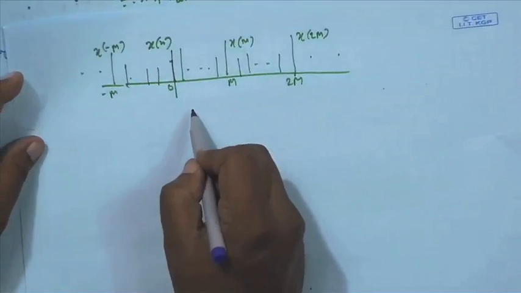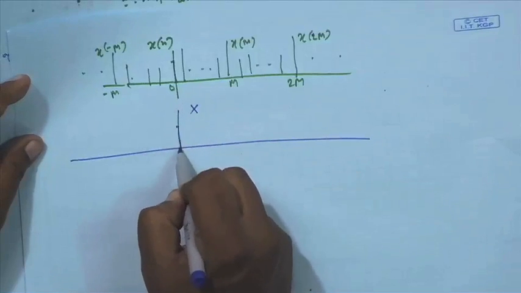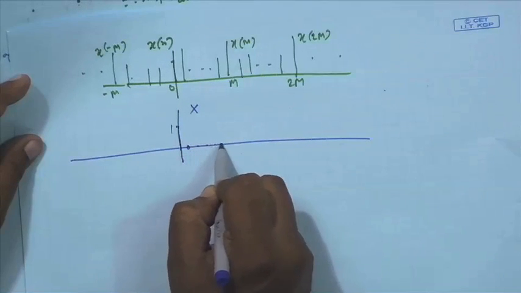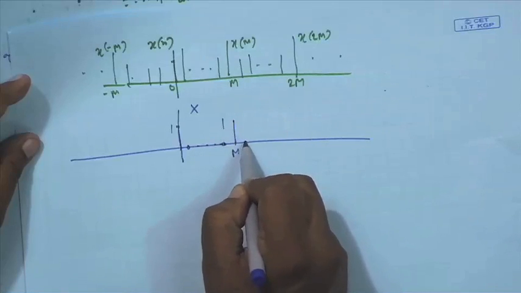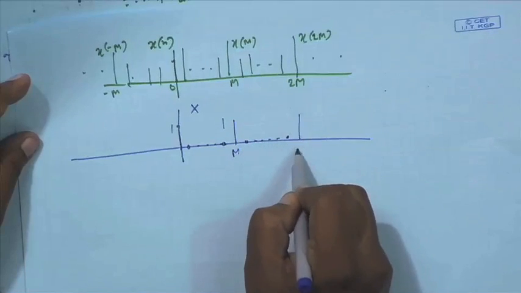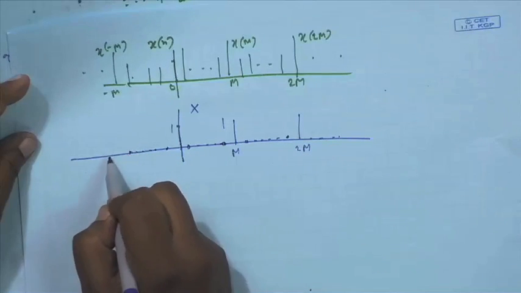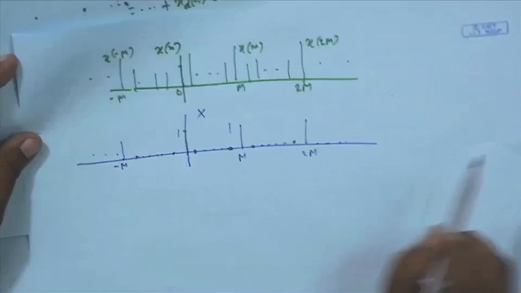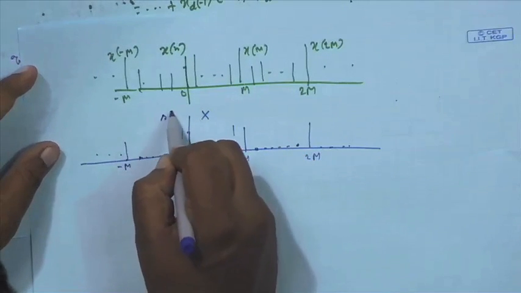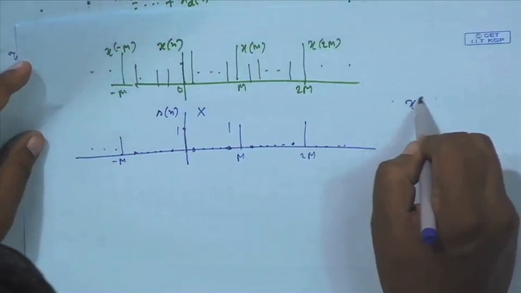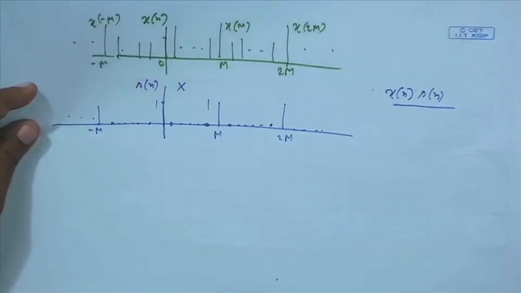Suppose I multiply it by that sampling sequence I told you, 1 0 0 0, then again at mth point 1 0 0 0, then again at 2 mth point 1 0 0 0, then 0 0 0 0 at minus m 1, and so on. Let me call it S n, the sampling sequence. So, x n into S n, suppose I do, then what will I get?